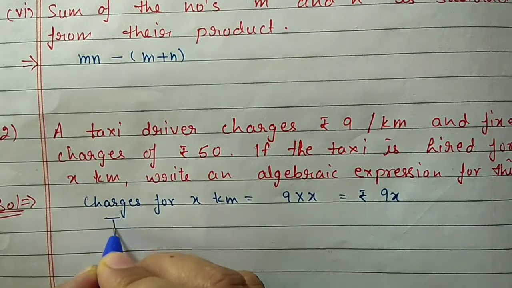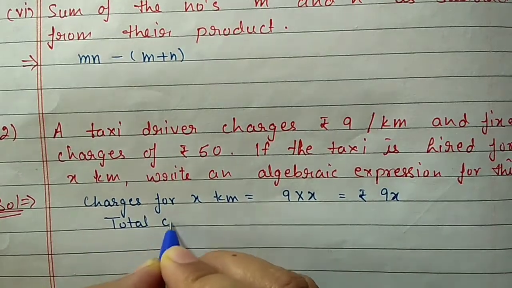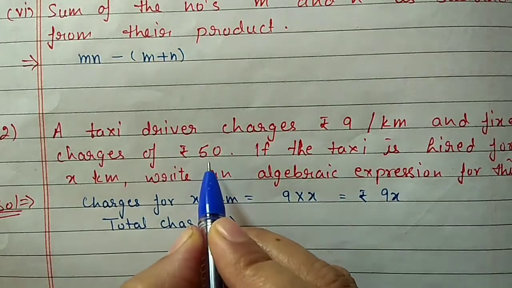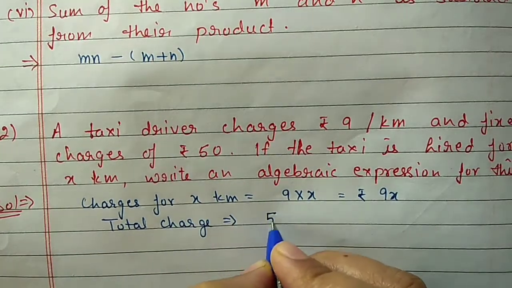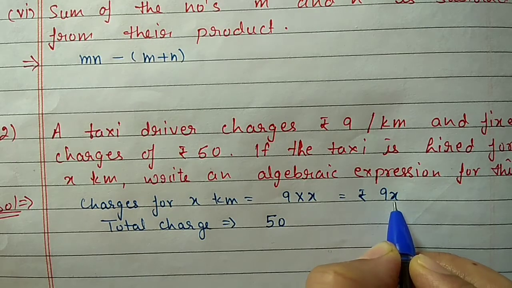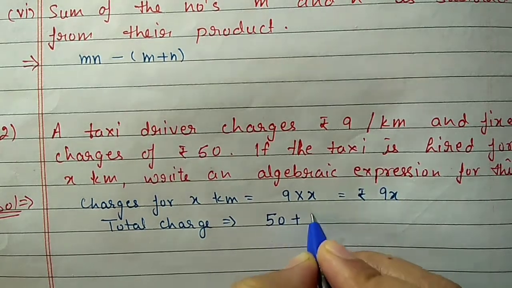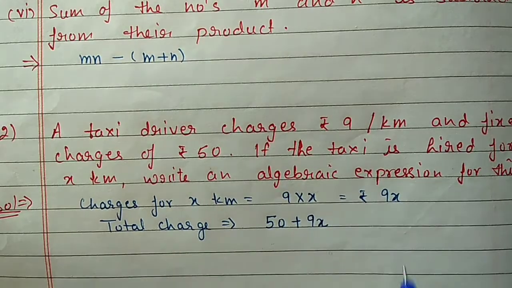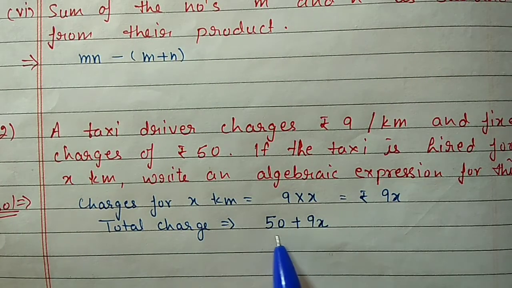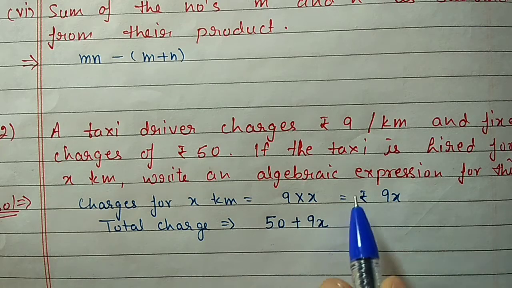So the total charge will be: he is taking 50 rupees as fixed, which everyone has to pay, along with the charges according to the distance. So 50 plus 9x, which you can also write as 9x plus 50, both are the same. This is an algebraic expression for this situation.